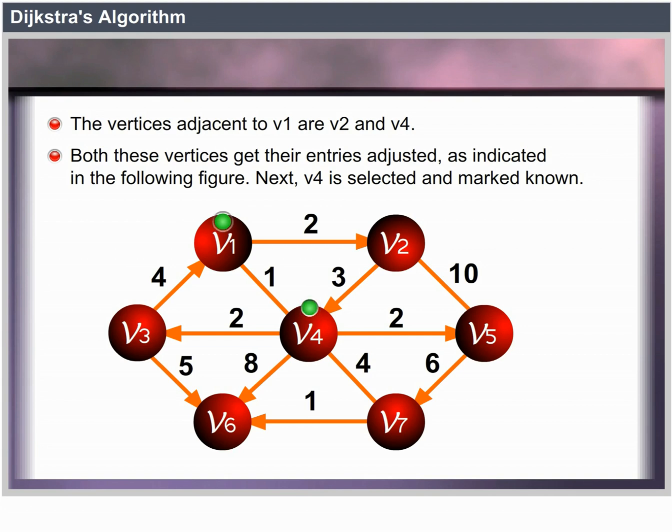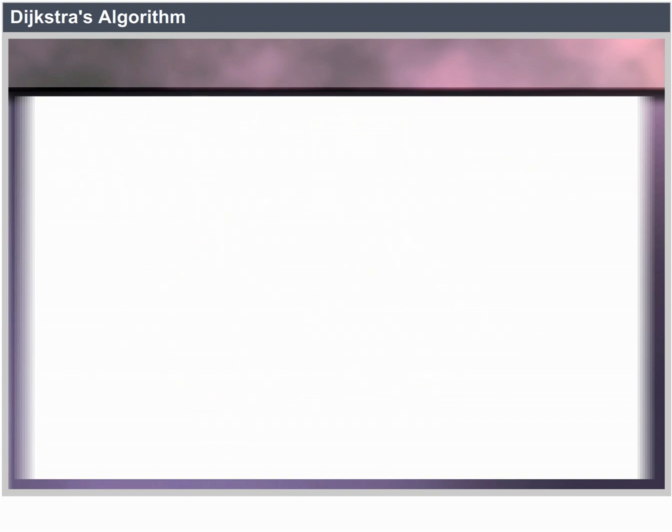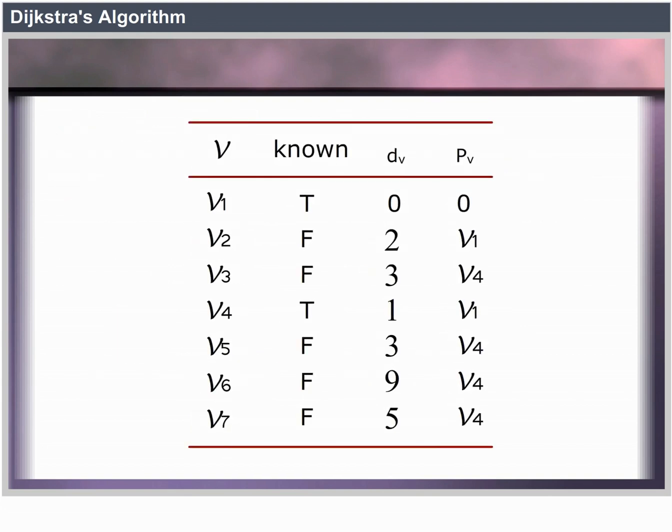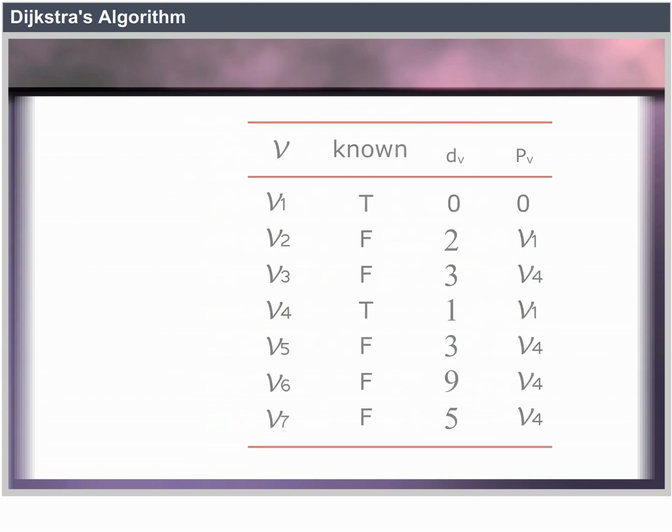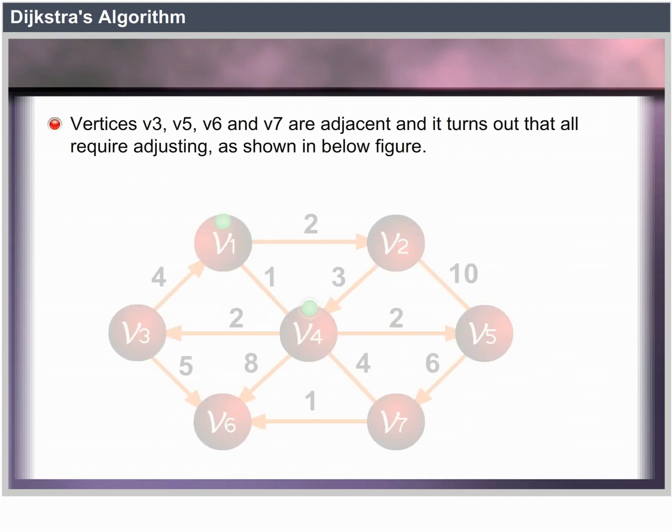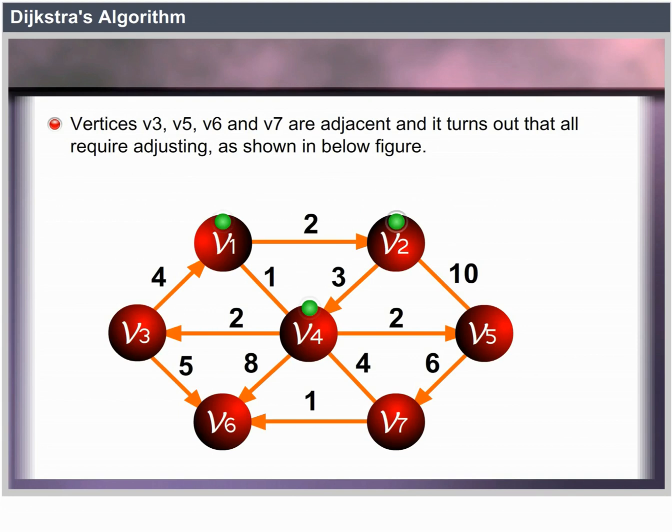Next, v4 is selected and marked known. Vertices v3, v5, v6 and v7 are adjacent, and it turns out that all require adjusting as shown in this figure.